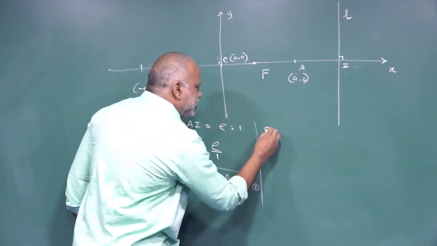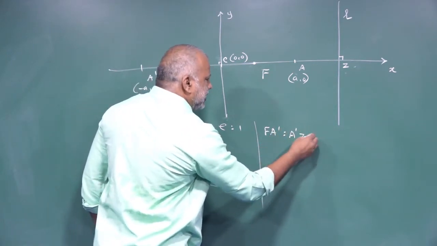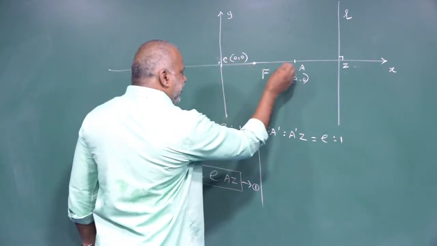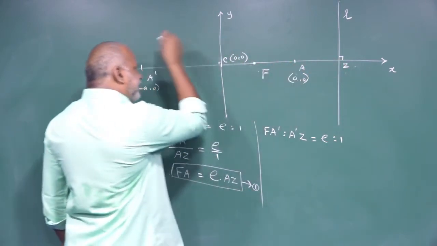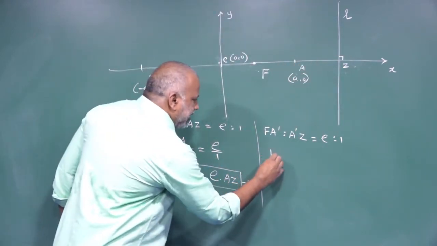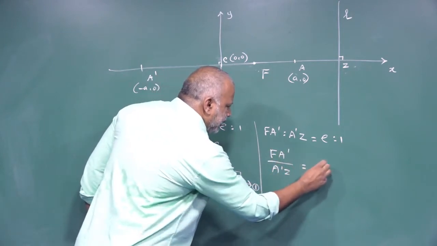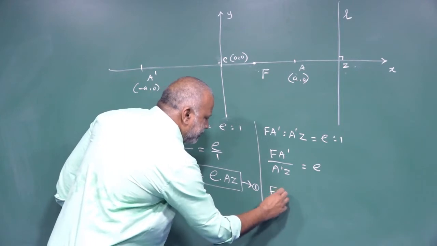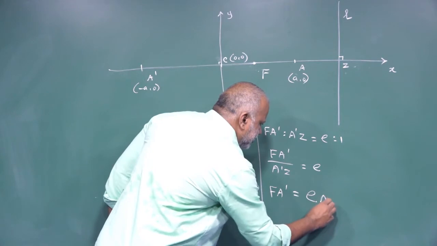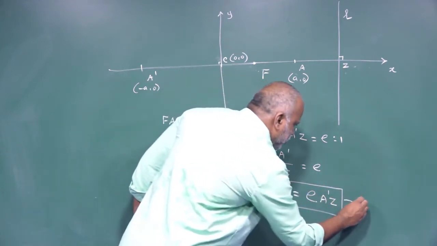We change only one logic: FA dash ratio A dash Z equals, once again, e is to 1. Now FA dash divided by A dash Z equals e. Once again cross multiplying, we get FA dash equals e times A dash Z. Say this is result number 2.